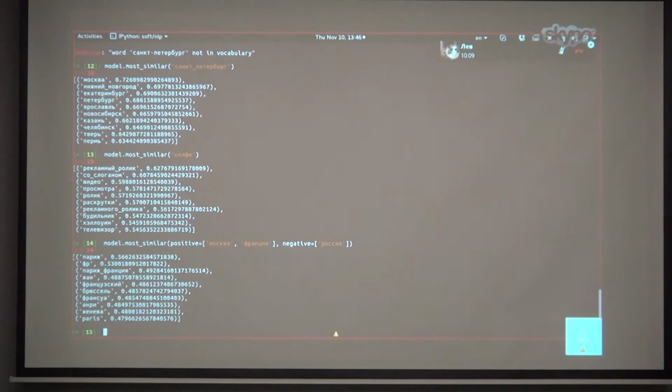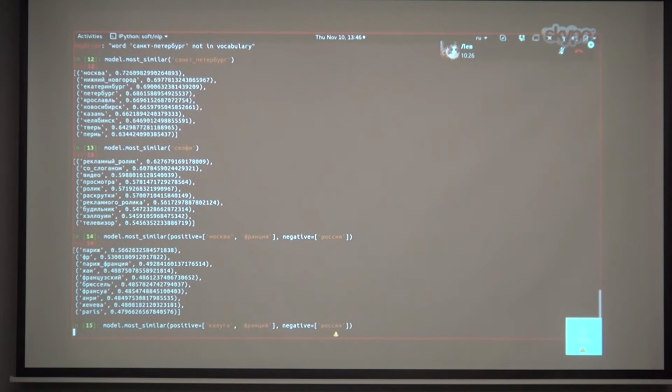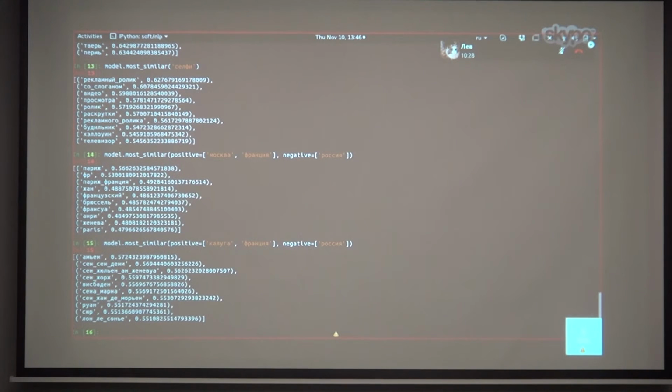What if we change Moscow for Kaluga? Okay, so this was being the capital of. Let's change it to some other city, a smaller city. Let's see whether it works. Well, kind of. I don't know what's so similar between Amiens and Kaluga, but Amiens is in France.